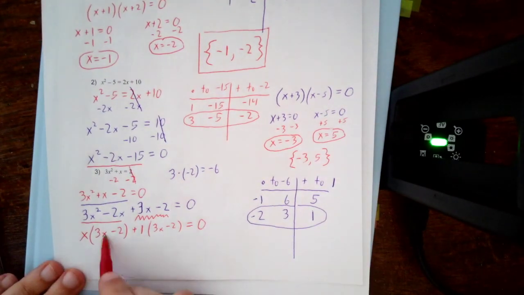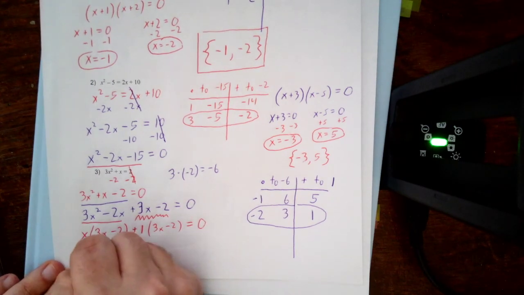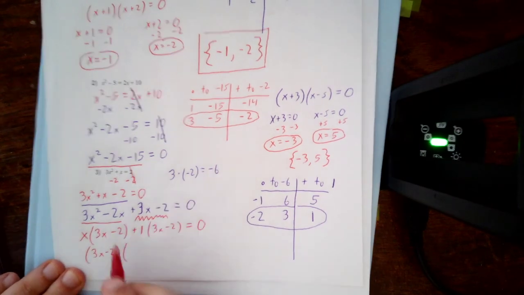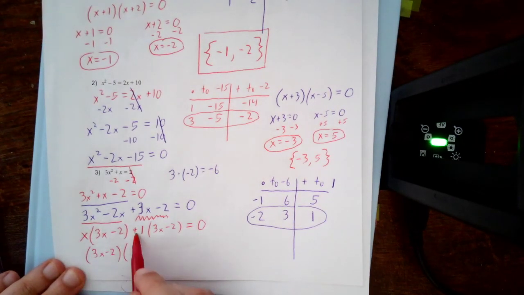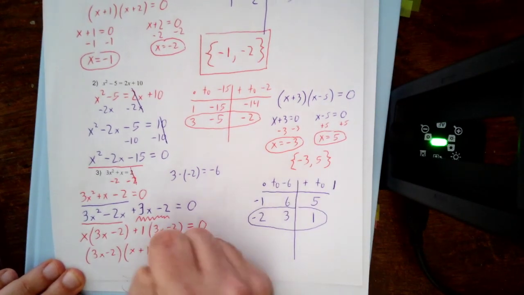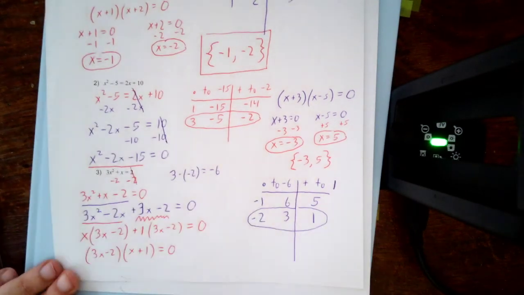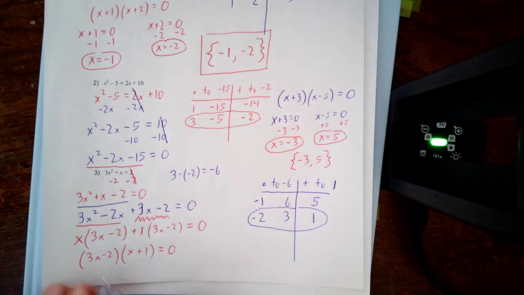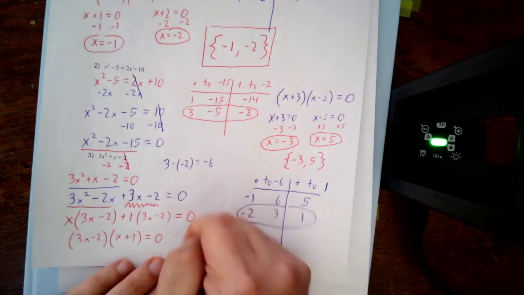Now, our groups are the same, 3x minus 2. So I'll write that portion out front. And what's remaining is x plus 1. X plus 1. And that should all be equal to 0. So now, I have everything I need to create my solutions. I set each factor equal to 0.